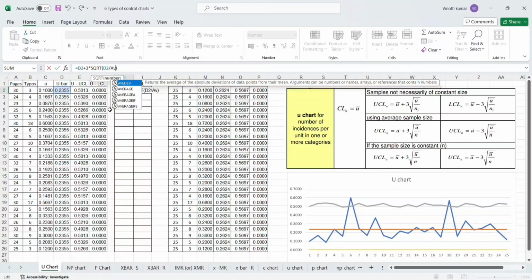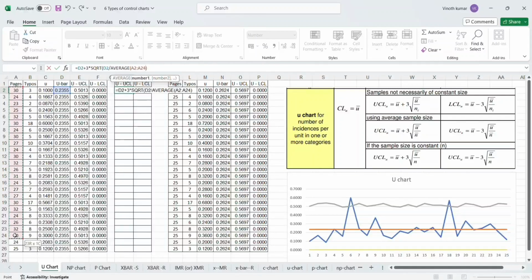Average of these values. To make sure that the cells are frozen, I am adding a dollar symbol to the cells. So this is for when you know that your subgroup is varying, however you want your control limits to be fixed. Instead of dividing by the individual sample size, I divide by the average of sample size. That's how I reached this particular value.